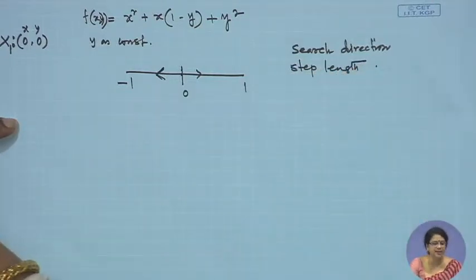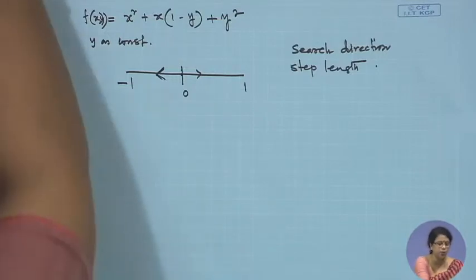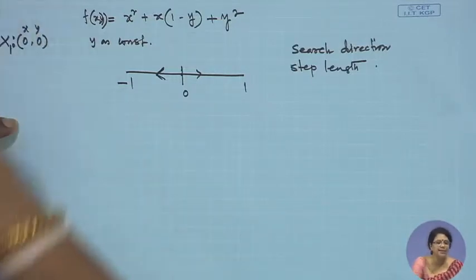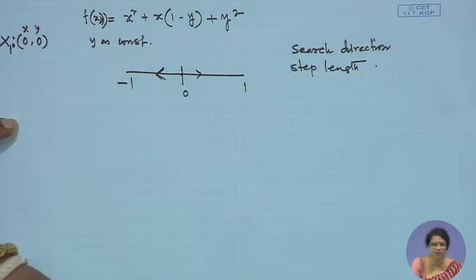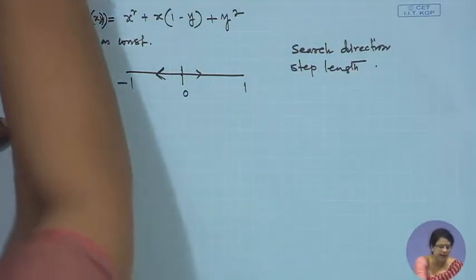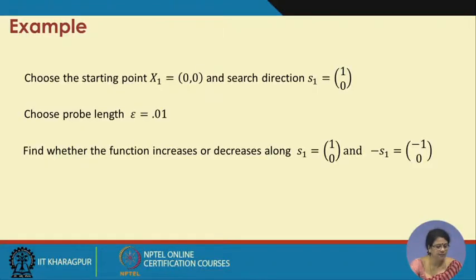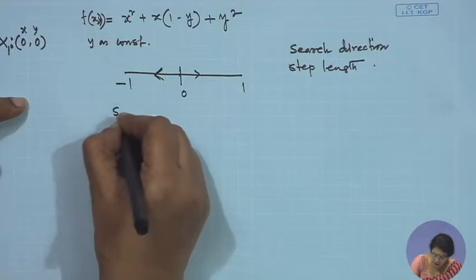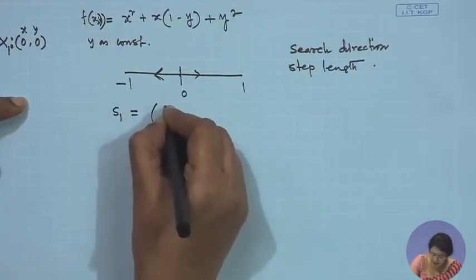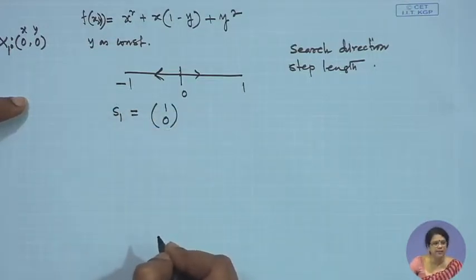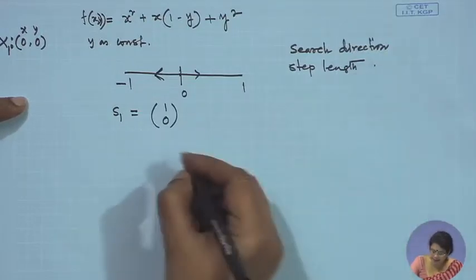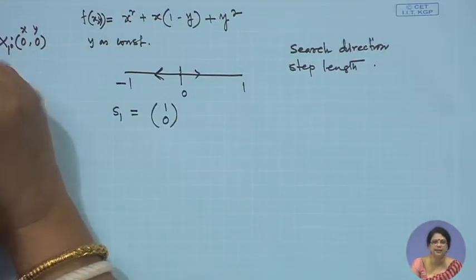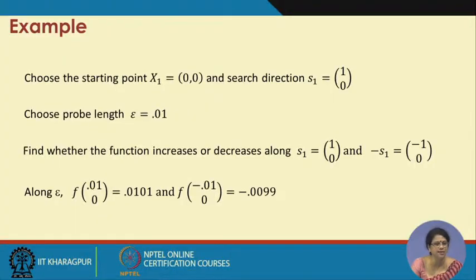I have considered the search direction 1 0, and let me consider a step length of 0.01. If we do that, the functional value at f(0.01, 0), that means my search direction was 1 0 and my step length, here I have considered epsilon, is taken as 0.01.